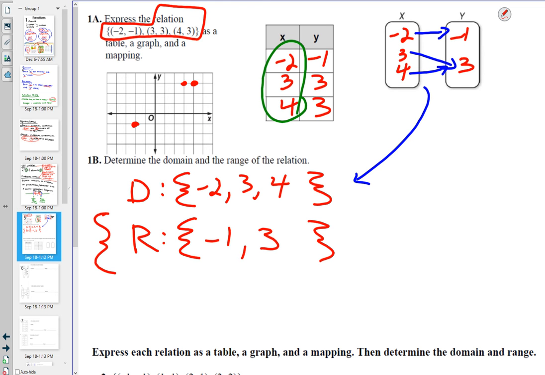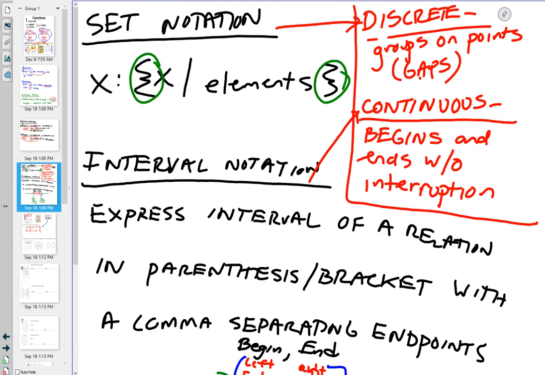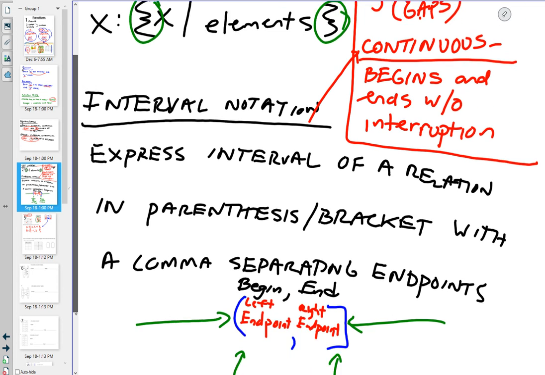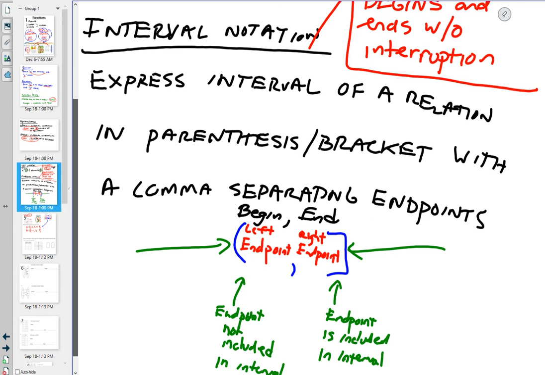The difference is just whether you're writing something in set notation or interval notation. When you use the braces, what goes inside is supposed to express the entirety of what your graph contains. You're supposed to be writing all the X's. Whereas interval notation is most commonly used when we have a graph that's continuous. We assume there are no interruptions in between.